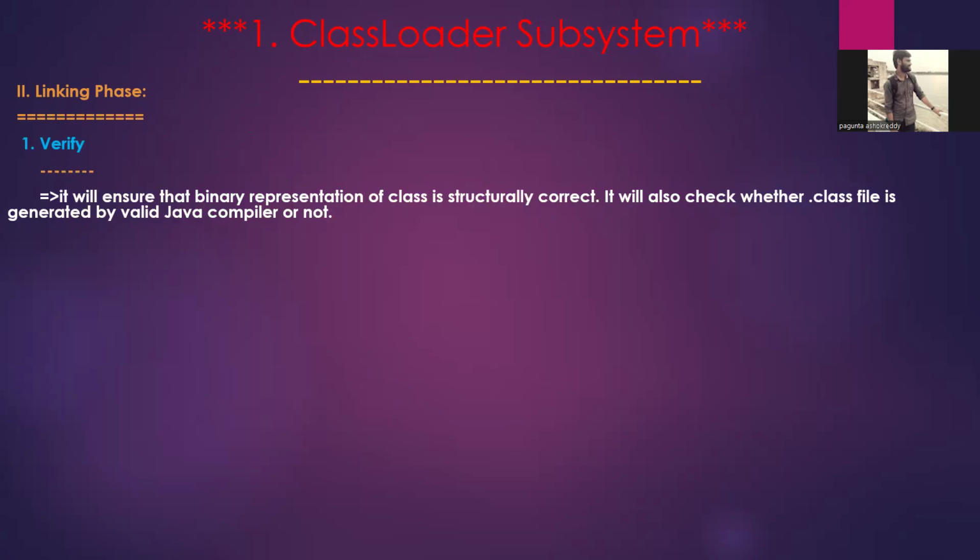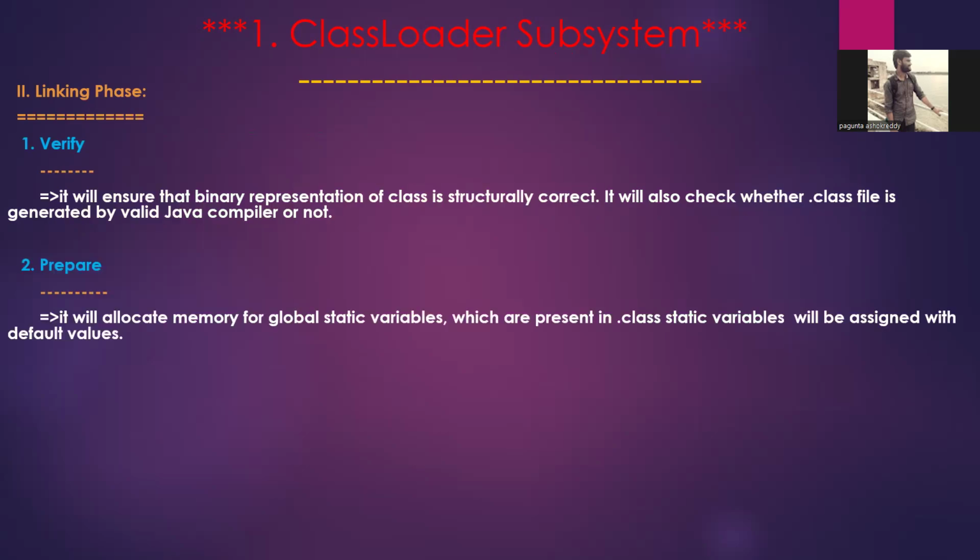Then the second one is prepare. It will allocate memory for global static variables which are present in the dot class file, and static variables will be assigned the default value. I told you, whenever a class is loaded, it will verify whether the correct format is there or not.